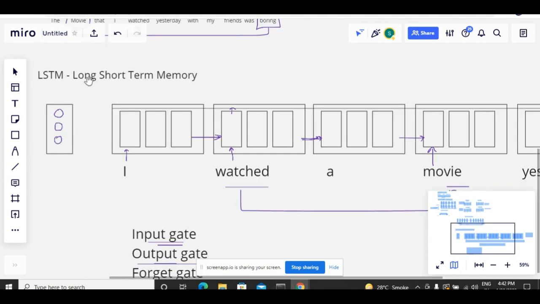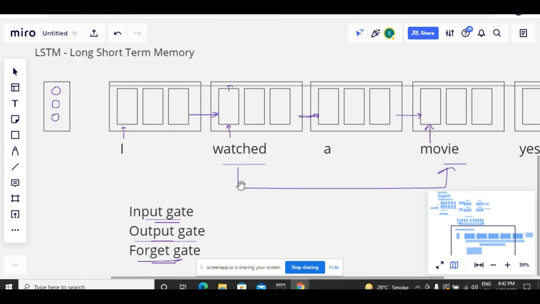So this is how LSTM takes care of both short-term and long-term memory. Now we will learn about the implementation of LSTM in the next video.